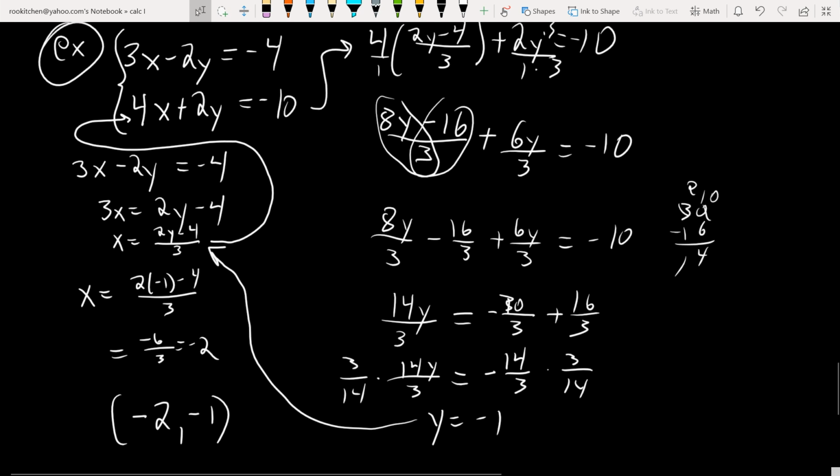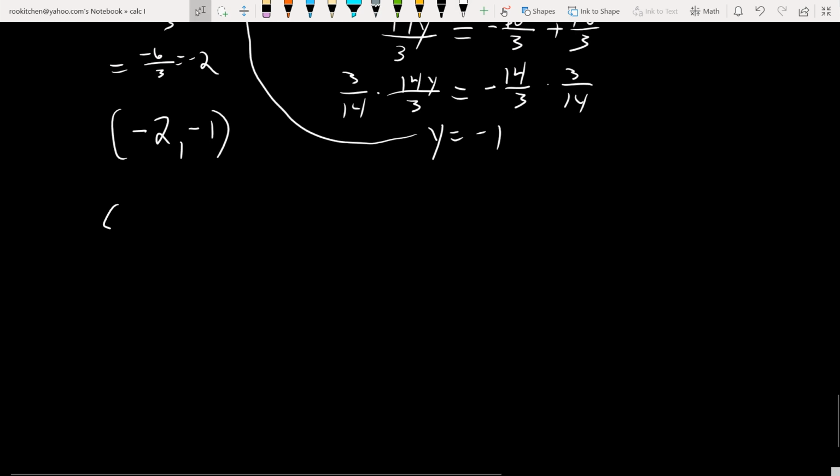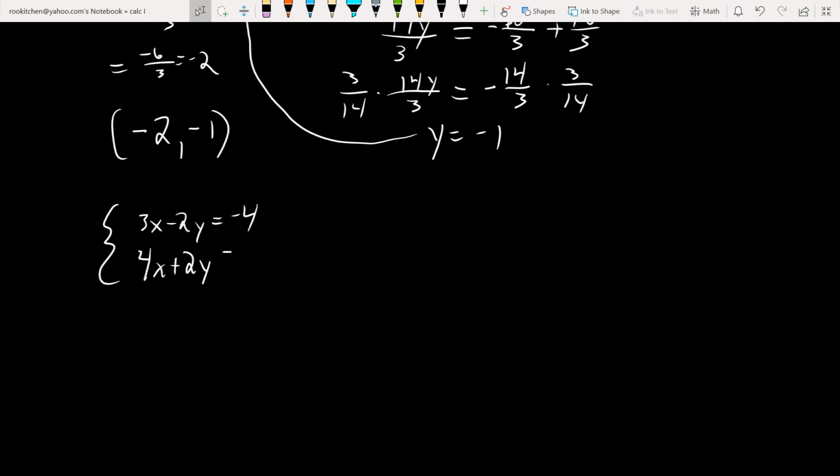So if you take a look at the system, 3x minus 2y is negative 4, and 4x plus 2y is negative 10. You can do the addition method.